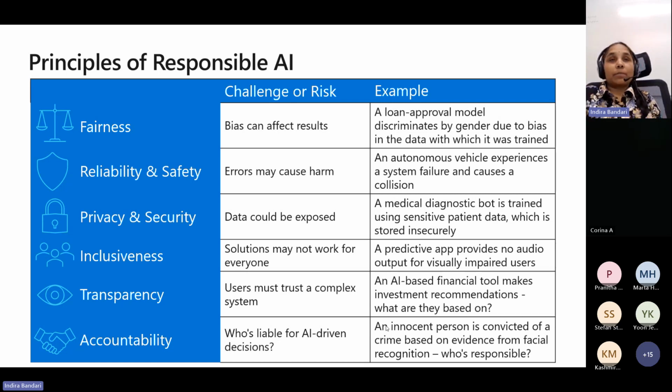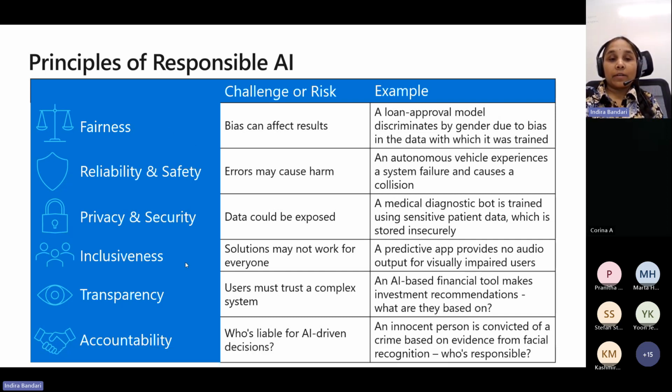For example, an innocent person is convicted of a crime based on facial recognition evidence. If a mother and daughter have similar faces, and the app is used, and the facial recognition matches the daughter's face instead of the mother's, then who is responsible? That kind of thinking should also be there.